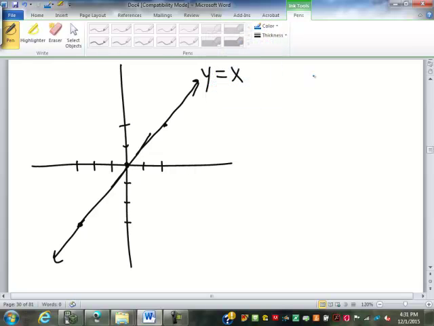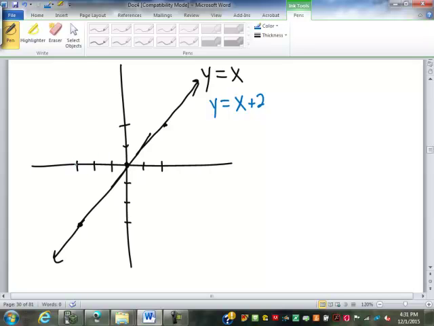Well, that's the simplest equation for a line that we can think of. What are some things we could do that would be more complex? Well, we could maybe try y equals x plus 2. So now whatever x is, we have to add 2 to it to get y.